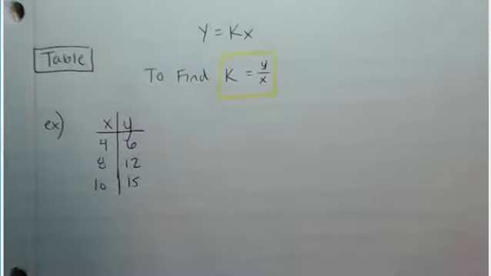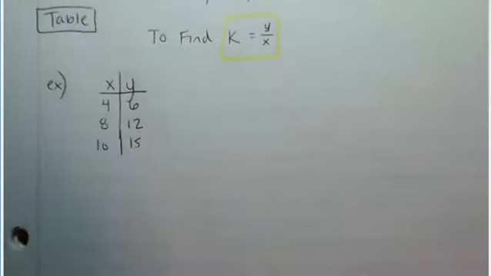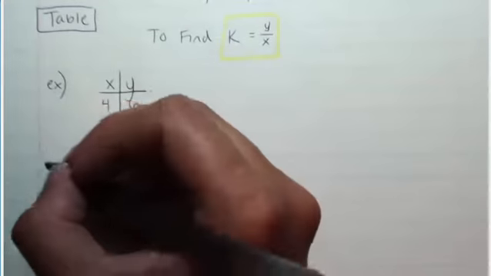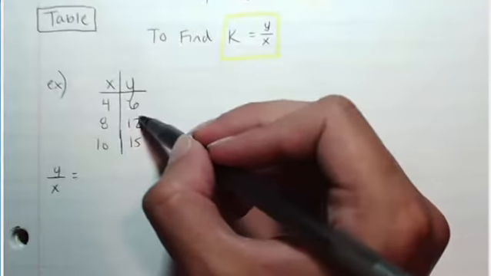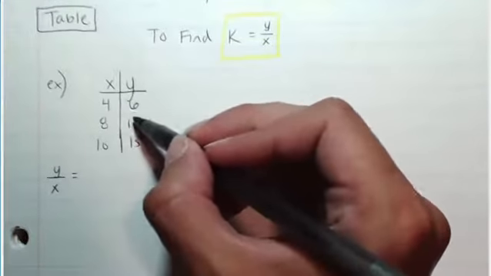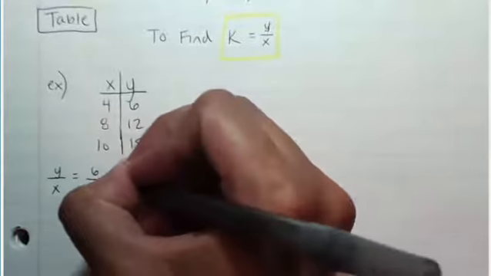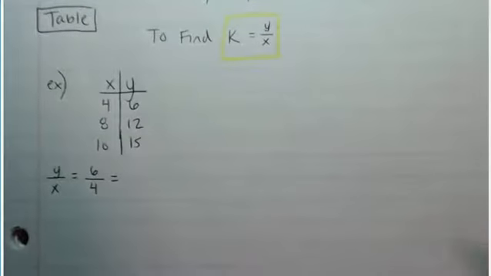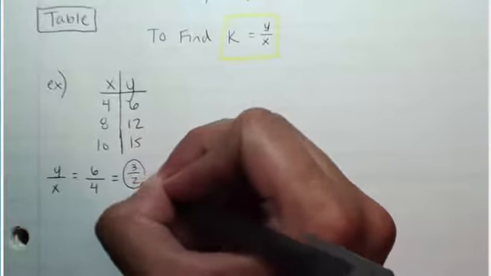Now again, this is to determine if it's a direct variation or not. So if I look at this first table, I have my x's and my y's. Again, the formula here is y over x. So for this first point, I'm going to take 6, which is my y, over 4. To simplify that, I can cut both those in half to 3 over 2.